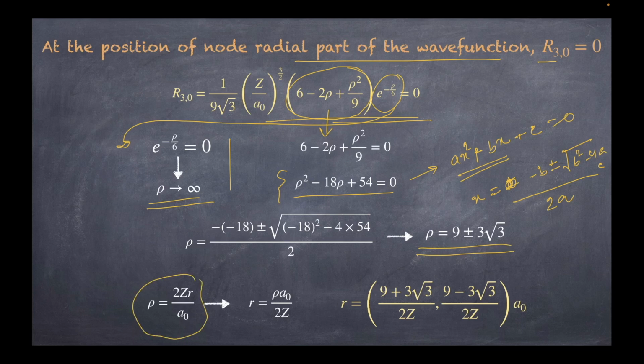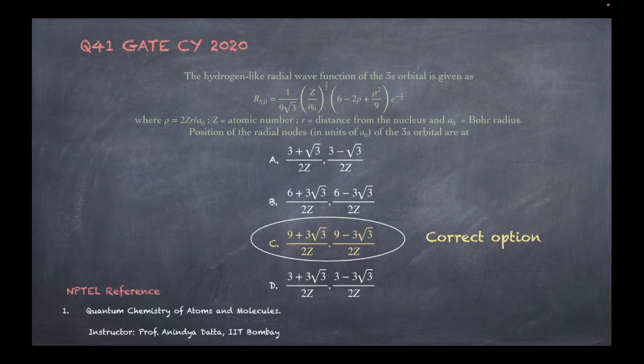So after rearranging, r equals rho times a0 divided by 2z. So r equals 9 plus 3 root 3 divided by 2z a0, or 9 minus 3 root 3 divided by 2z a0.